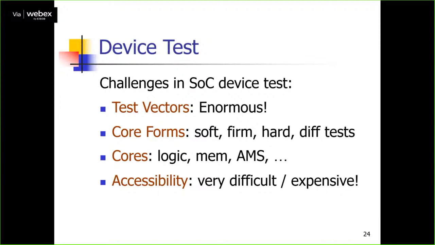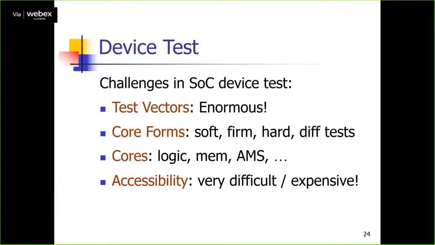Let us say I have n bits of inputs. Then I need 2 to the power of n combinations of test vectors. That depends on how it can be analyzed at the different ends.